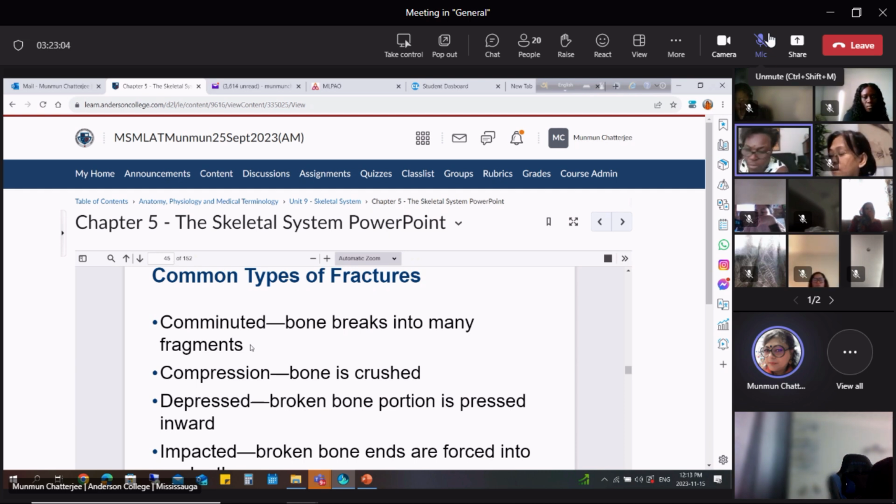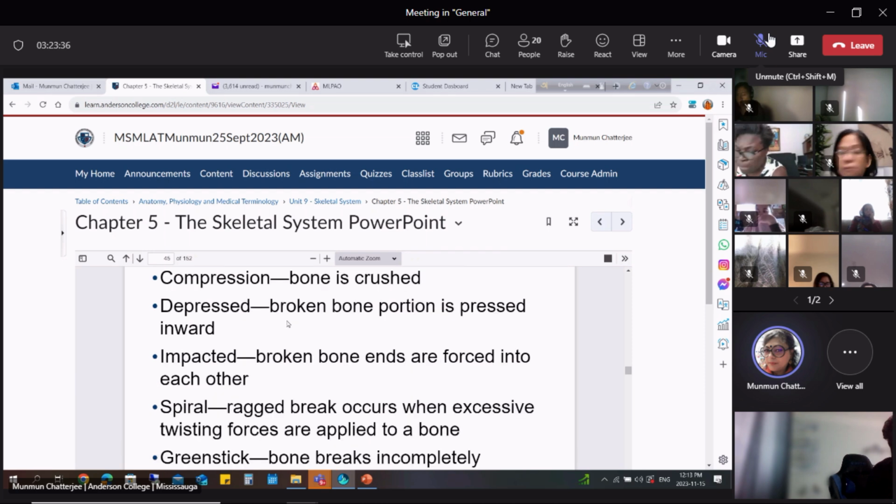So bone breaks into many fragments are called comminuted. Compression, bone is totally crushed. Depression, broken bone portion is pressed inward. So it's not only broken and staying in that position, it is pushed. And impacted, when the broken bones force each other, they are crossing each other, they are getting friction. That's the impacted.